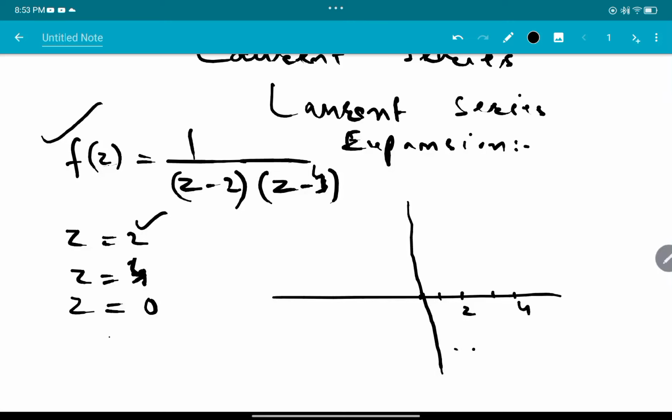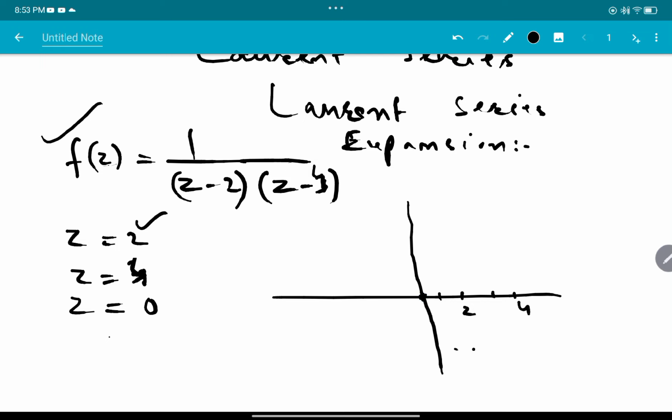Now you can have a Taylor series expansion about a point, provided you ensure one thing: there should be some neighborhood, however small, about that center of expansion, in which your f(z) is analytic. And thank God we have it here.